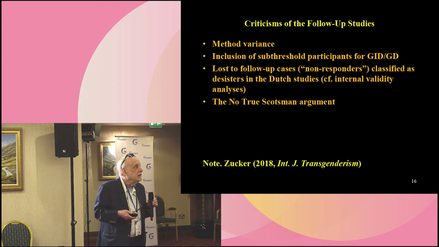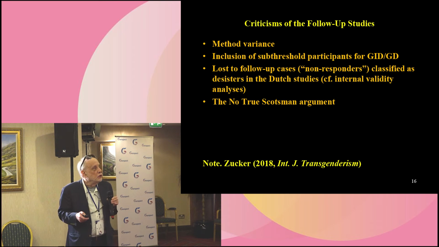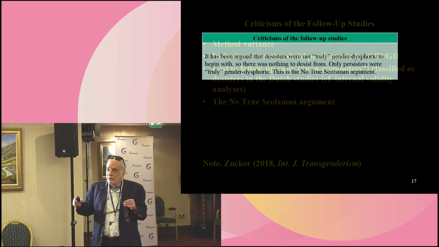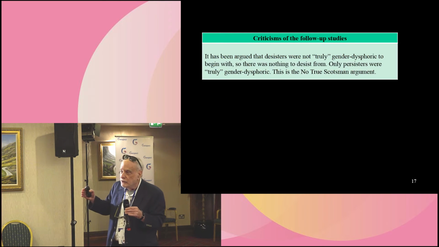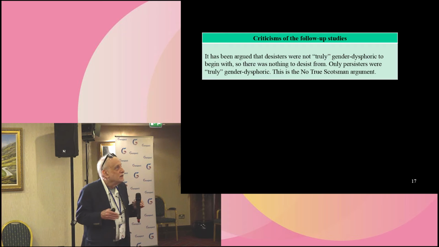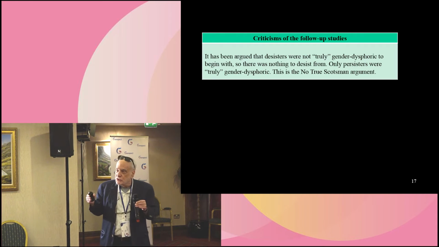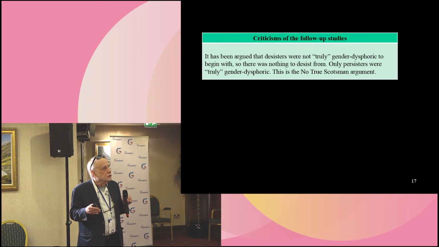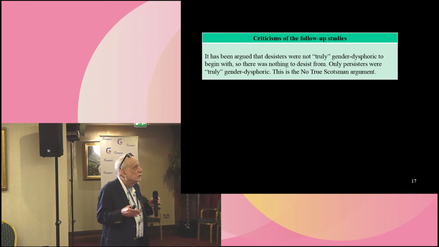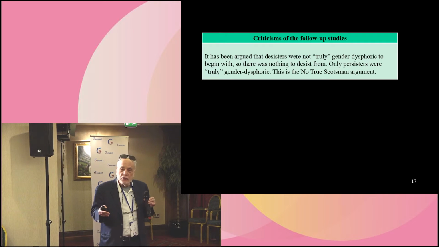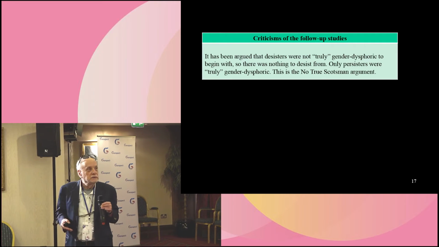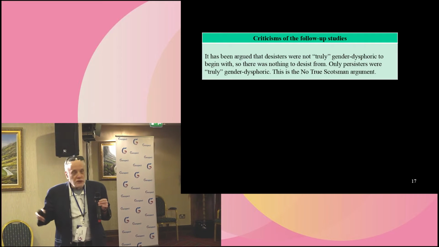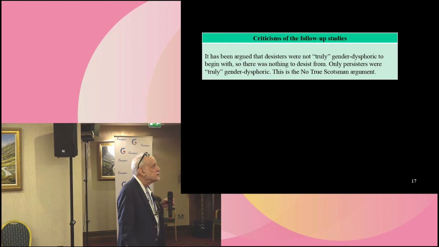And then there's the no true Scotsman argument, where the people who hate this research say, well, the desisters were not truly gender dysphoric to begin with, so there was nothing to desist from. Only persisters were truly gender dysphoric.